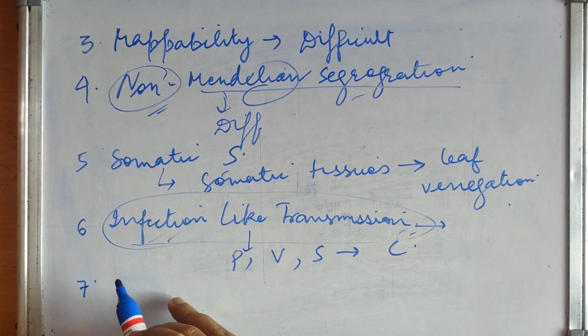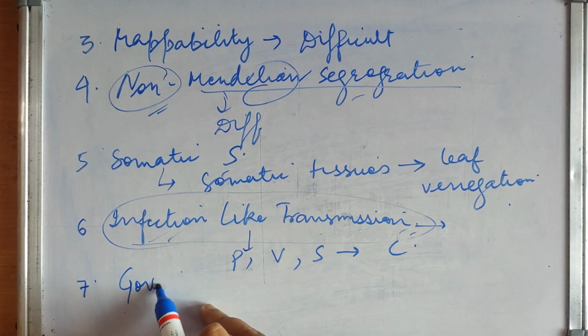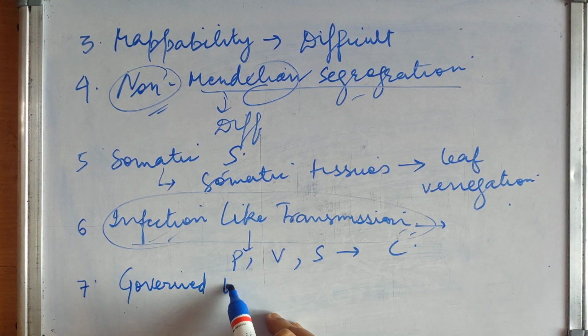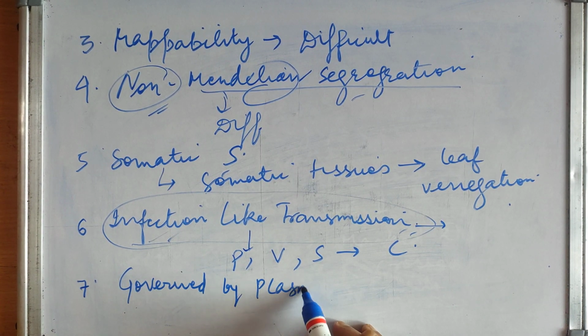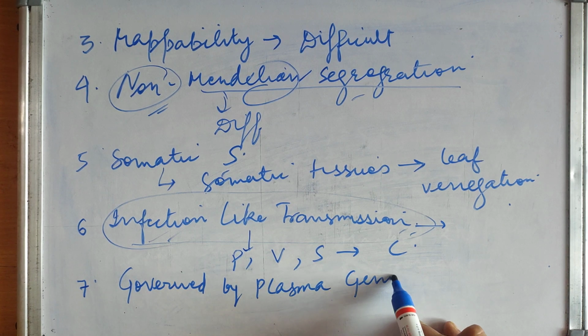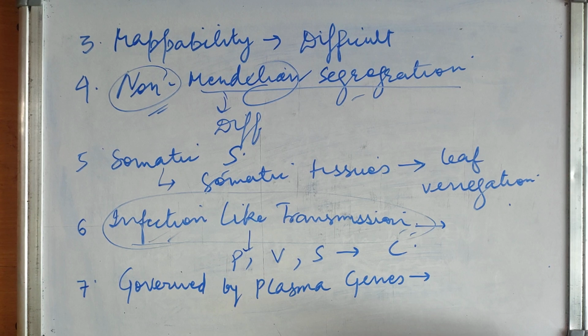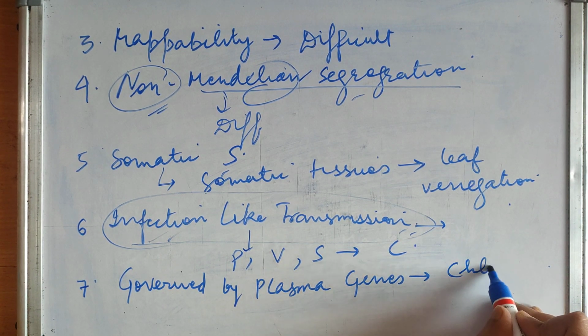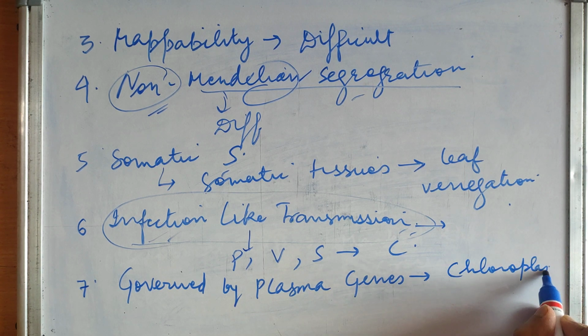Next one is that it is governed by plasma genes. True cases of cytoplasmic inheritance are covered by chloroplast or mitochondrial DNA.